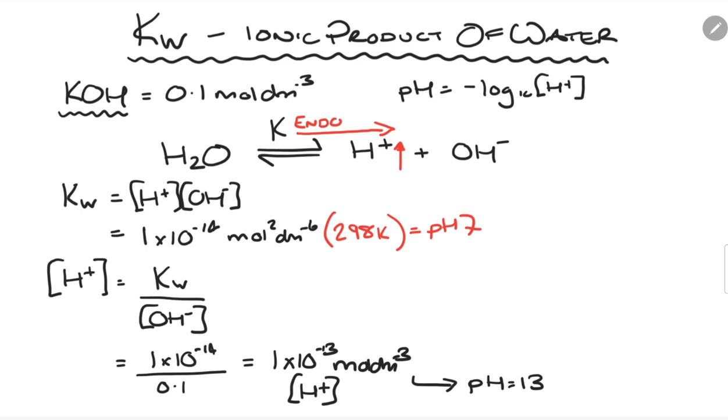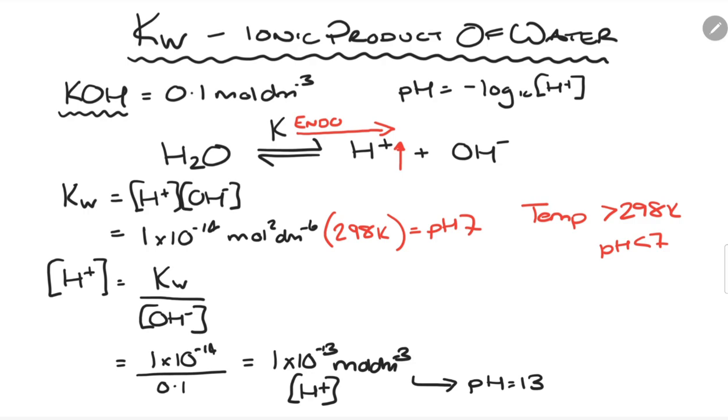Now, this may be a weird phenomenon to what you've experienced in lower school years, but this means that the only point at which the pH of water is neutral at pH 7 is at 298 Kelvin. At temperatures which are greater than 298 Kelvin, the pH will be lower than 7.